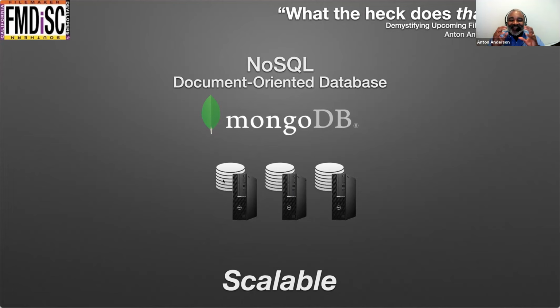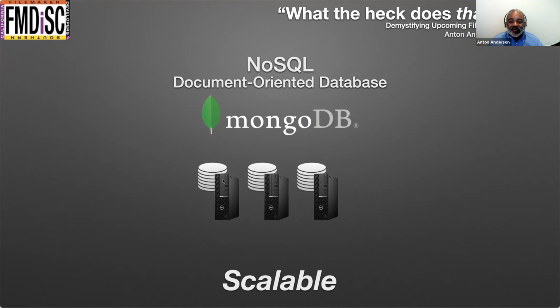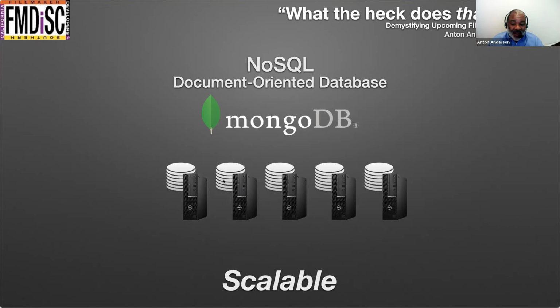Yes, a redundant array of independent computers. If one of those machines fails, you get a warning, a notification, and you kind of move on. So you just keep going and keep adding on. And MongoDB and other NoSQL databases like it are designed to scale that way.